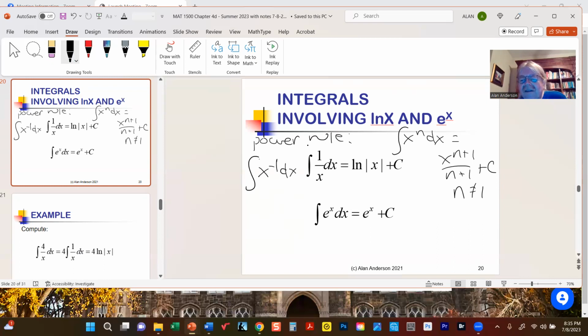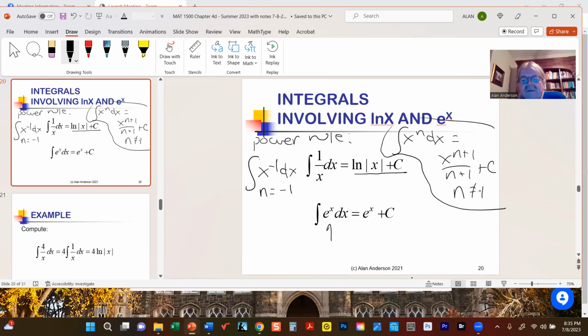This is the case where n is -1, so we can't use the traditional power rule. It turns out that in this case, we end up with the natural log of the absolute value of x plus c. This is that special case I mentioned earlier. The power rule works every time except when n equals -1. When n does equal -1, this is what we end up with instead.